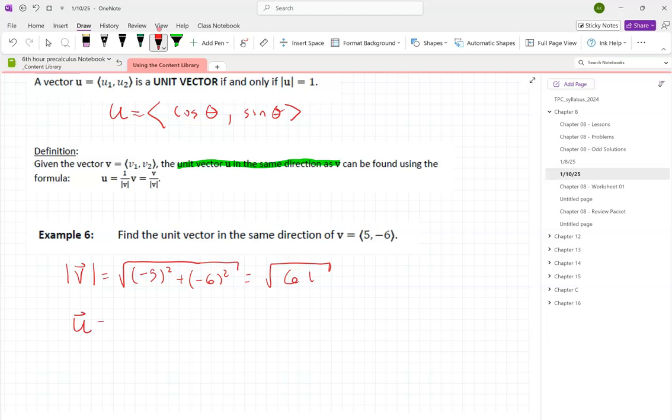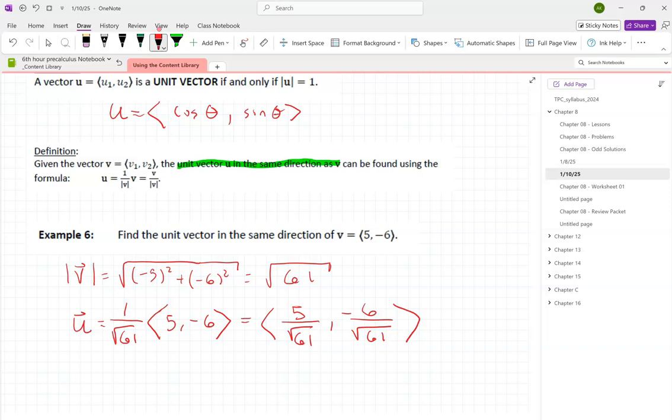So my unit vector should be 1 over the square root of 61 times my vector v. If I do that scalar multiplication, I get that: if I multiply 1 over square root 61 by 5, I just get 5 over 1 times 1 over square root 61, to give me 5 over square root 61.